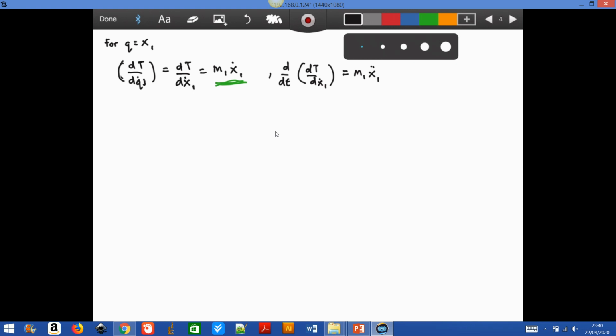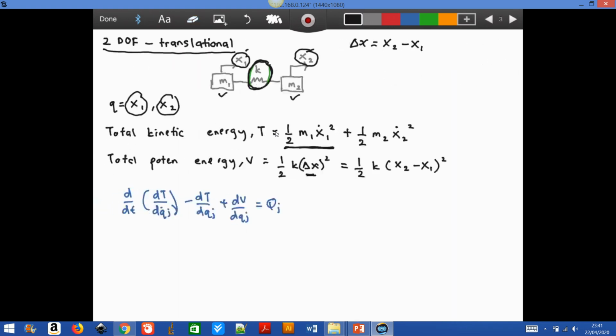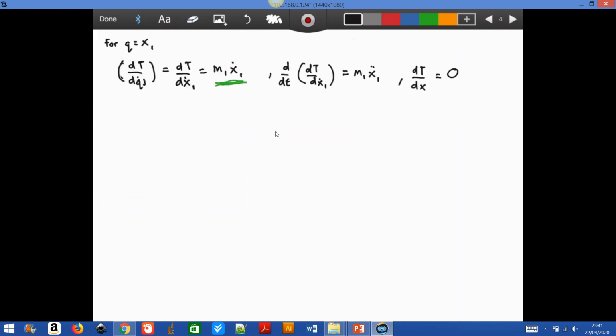And dT over dx is equal to 0, because here we don't have any terms of x, we only have terms of x dot. So dT over dx1 is 0. Moving on. Now we move to the potential energy, dV over dx1.